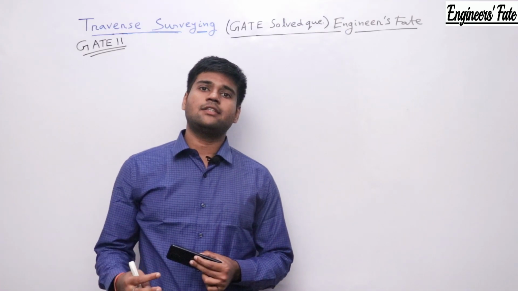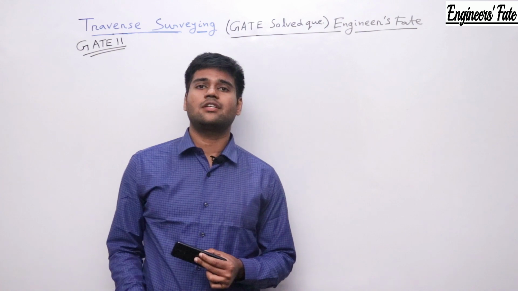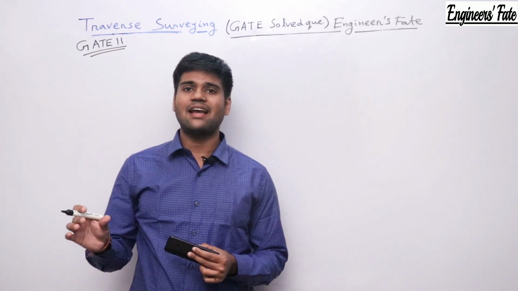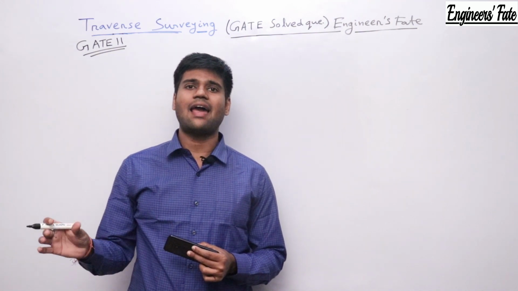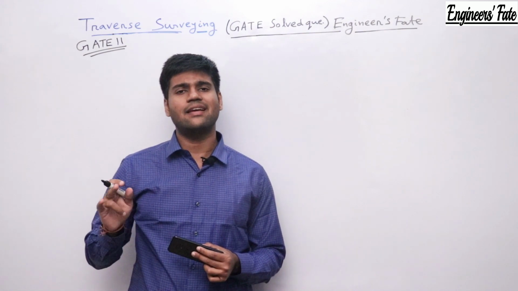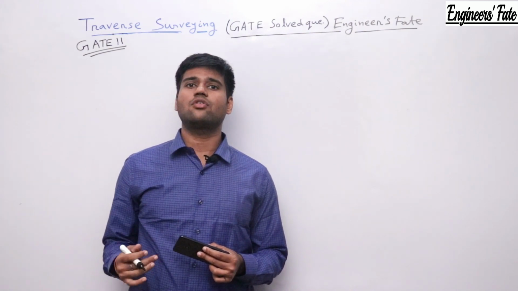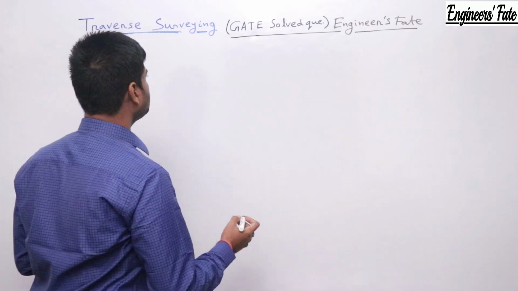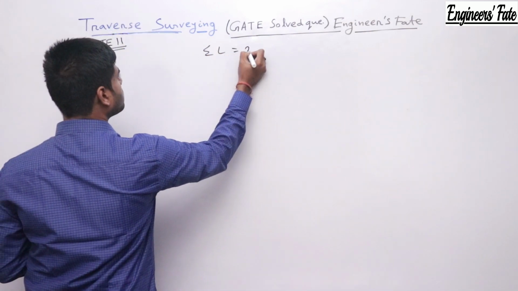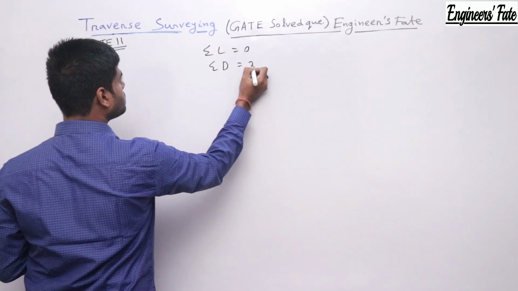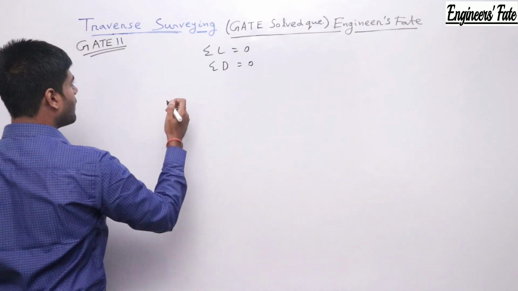So the next question is a very easy question. Same thing, closed traverse, lines are given, lengths are given, angles are given, and only one missing length is asked. I have told you, for a closed traverse, summation of latitude equal to 0 and summation of departure equal to 0. I can use any one of the equations.